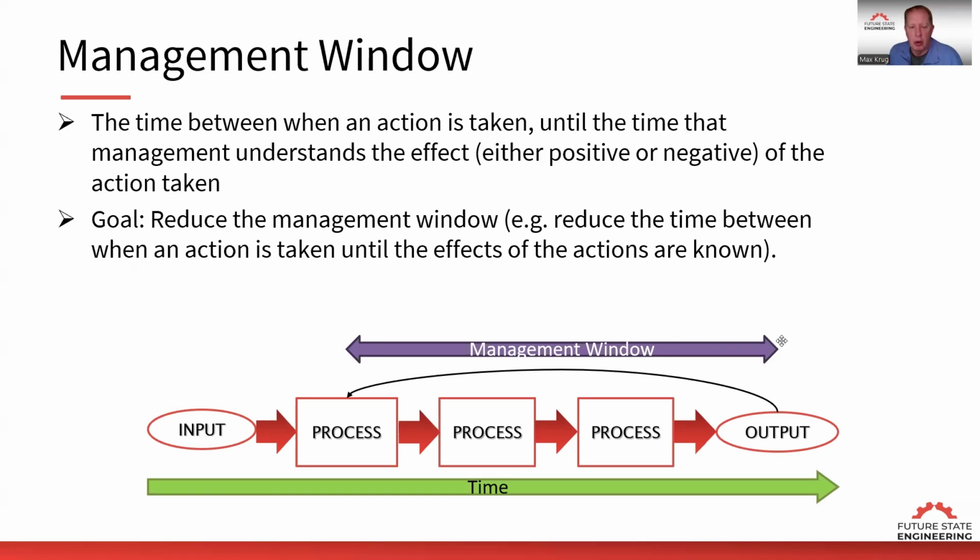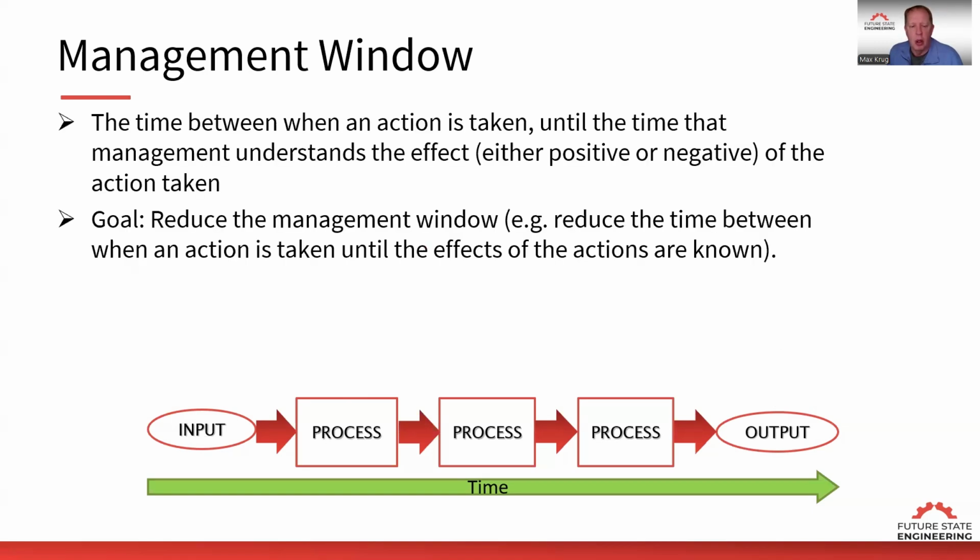So what we want to do is we want to reduce that management window, and we want to immediately after the process is complete or even while the process is being done, can we see an abnormal condition? And if we shorten that window, we can take immediate action to correct that problem before it becomes a big issue. So the goal here with visual management is to reduce that management window as short as possible, immediate feedback on the process.